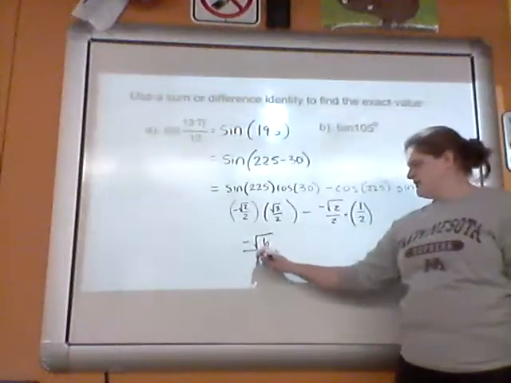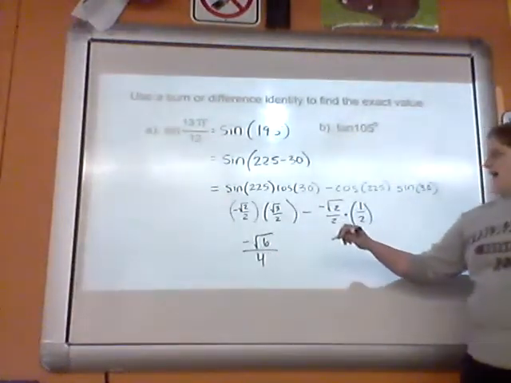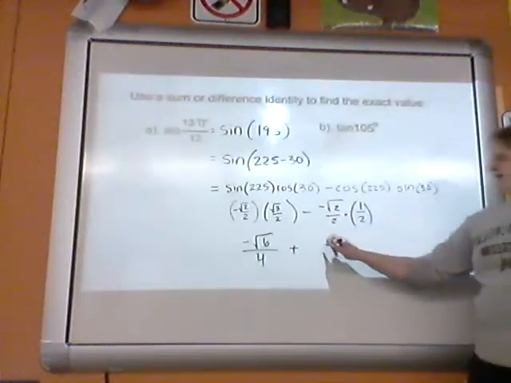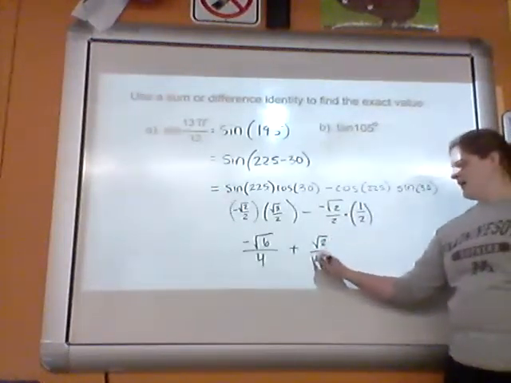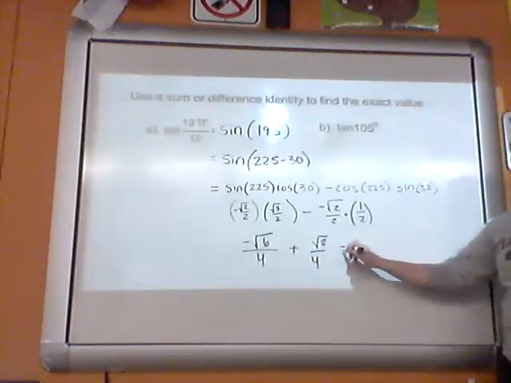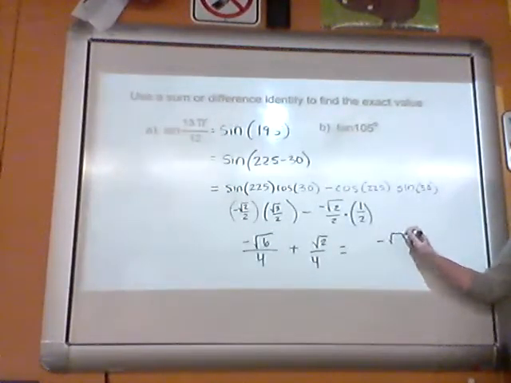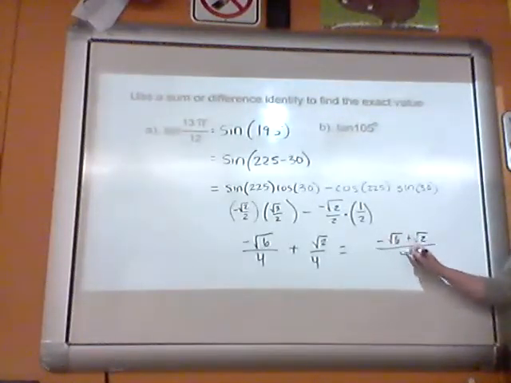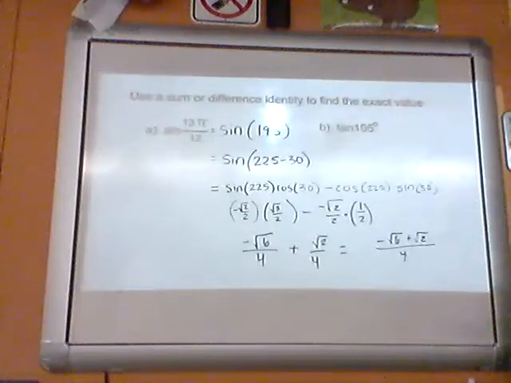And then 2 times 2 is your 4. And then minus a negative, so we're going to add square root of 2 over 4. They have the same denominator, so you write negative square root of 6 plus square root of 2 over 4. And we can't really simplify it a whole lot more after that.